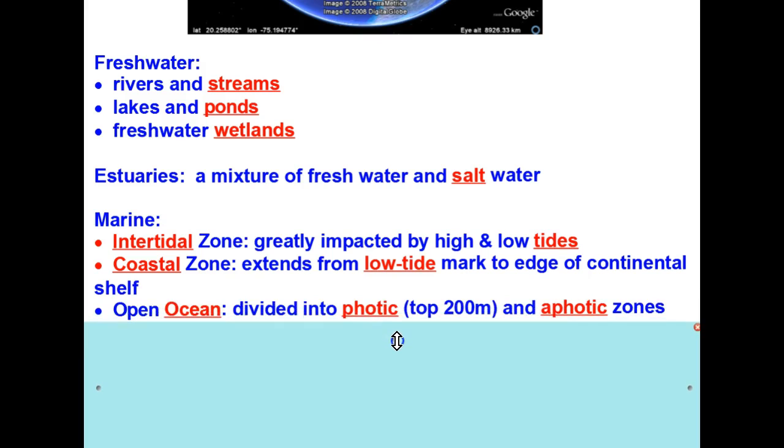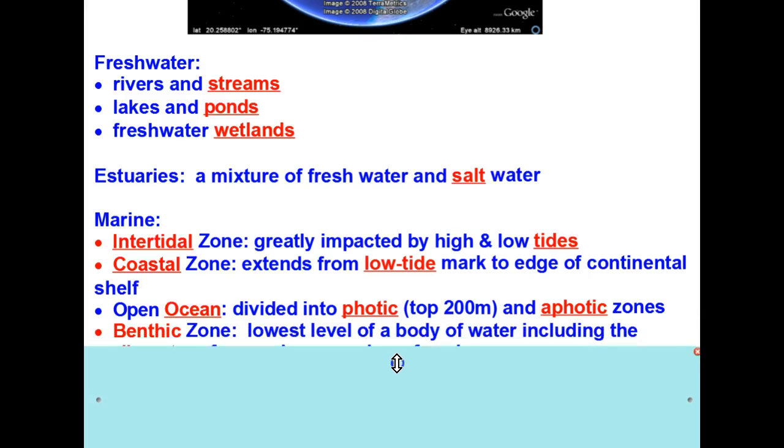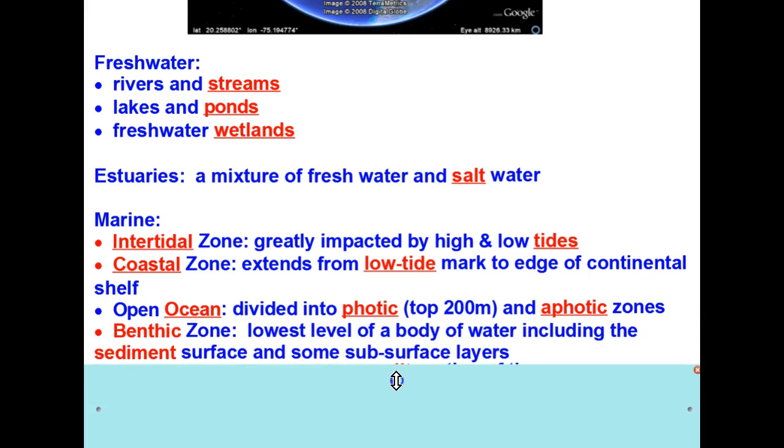And we have the open ocean. The open ocean is divided into what are called photic, which is the top 200 meters, and the aphotic zones. We also have the benthic zone to take into consideration, which is the lowest level of a body of water, including the sediment surface and some subsurface layers. And just a side note here, the benthic zone not only applies to oceans, but any aquatic biome.